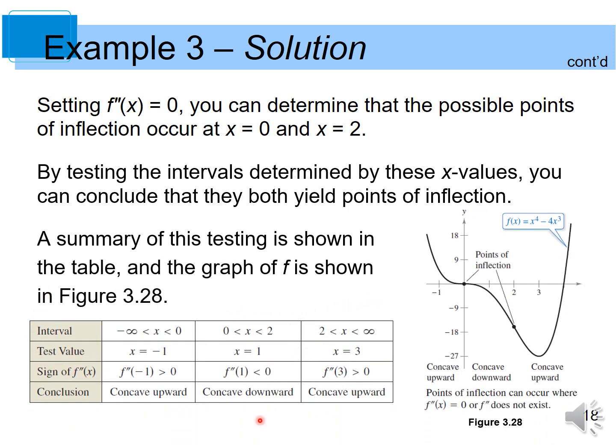First, construct a table. Since we have two critical numbers, we have three intervals: from negative infinity to 0, from 0 to 2, and the last interval from 2 to infinity. And we choose the test value for each interval, and we substitute the test value into the second derivative function, and we conclude.